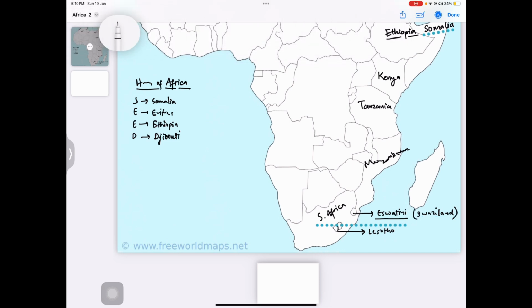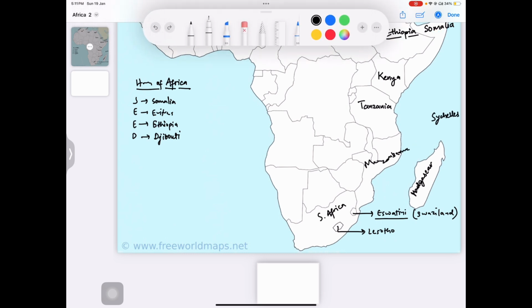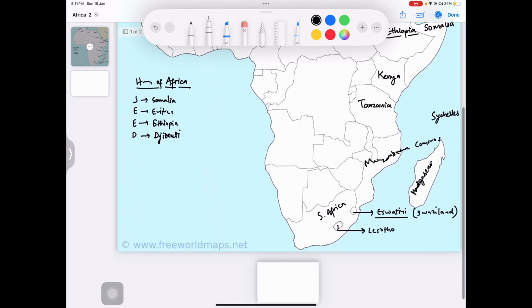Okay. Then this is Madagascar. Somewhere here we have Seychelles, and somewhere here we have Comoros. Okay, let us complete the coastal region.